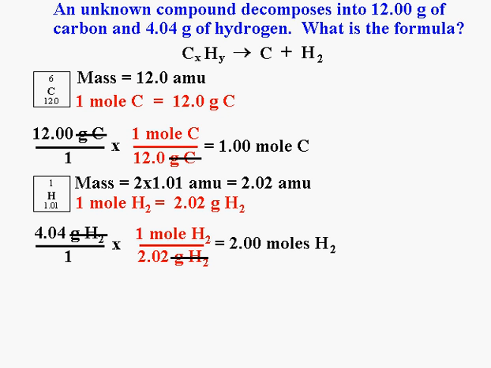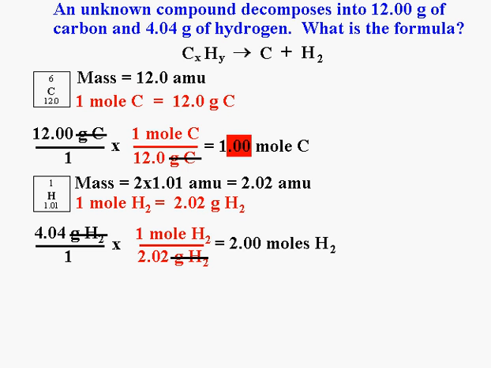Now what does all this tell us? It tells us that when CXHY decomposes, it makes 1 mole of carbon and 2 moles of H2. Well, where do those moles go in a chemical equation? They're the stoichiometric coefficients in the chemical equation. So I can actually put them in the equation. Now remember, numbers in a chemical equation are exact, so 1.00 wouldn't make sense in a chemical equation, so I'm just going to get rid of that 0.00 and call it 1.